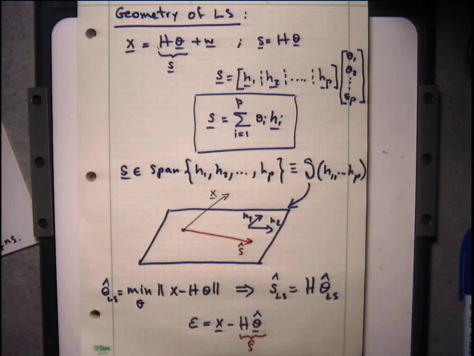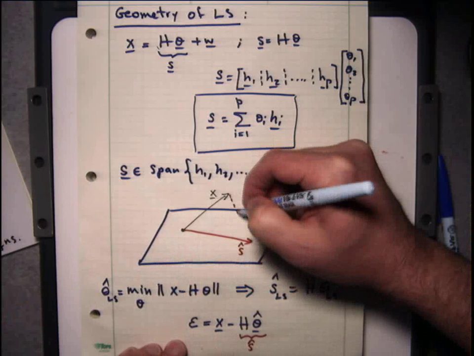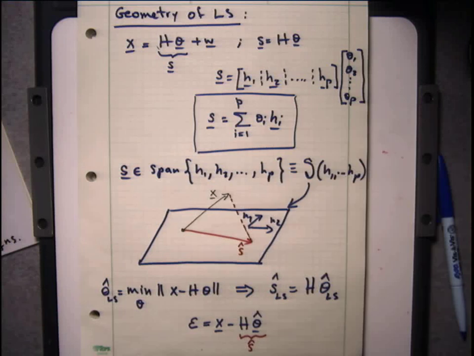If this is my S hat and this is x, then the difference between these two is going to be this vector here. So this is the epsilon, and this epsilon is what I'm trying to minimize. The norm of this is what I'm trying to minimize. I forgot the square.